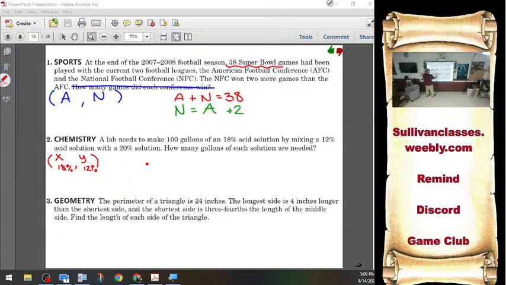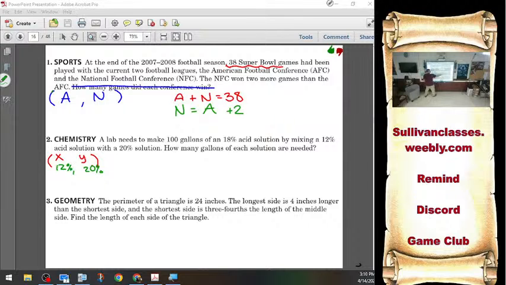Because if I take 18% of this stuff and 12% of this stuff all together, oh wait, you're making an 18. Oh, someone could have caught it. You're mixing a 12 with a 20. There we go.